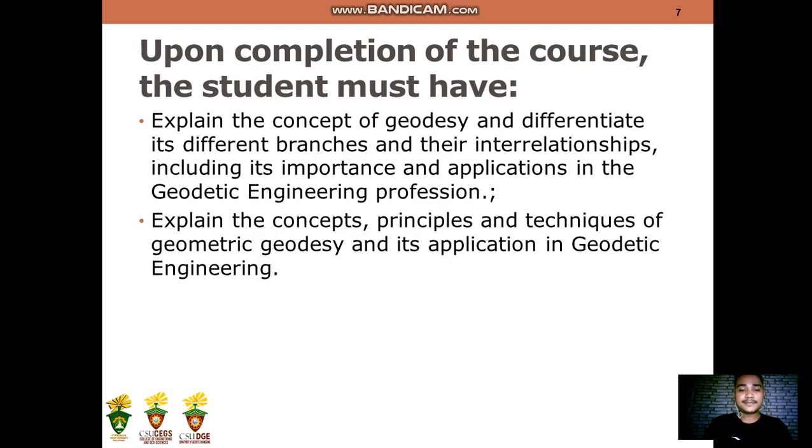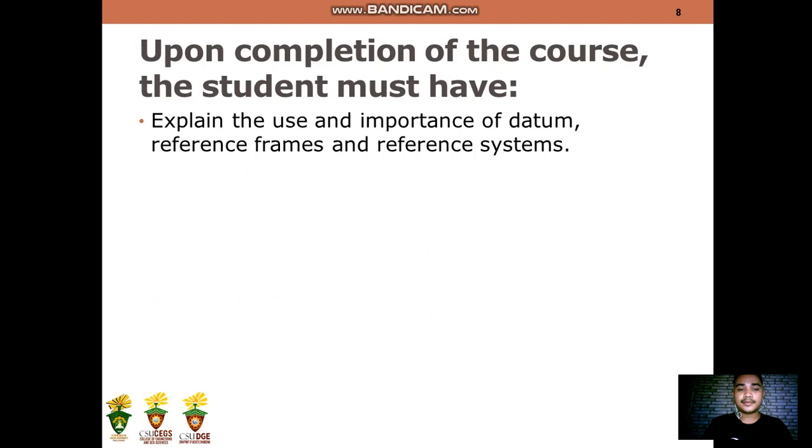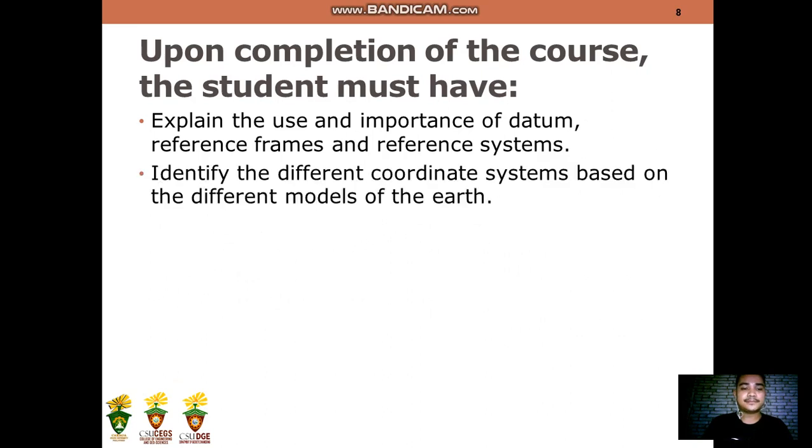Explain the concepts, principles, and techniques of geometric geodesy and its application in geodetic engineering. Explain the fundamental properties of a reference ellipsoid, its geometry and formulation. Explain the use and importance of datum, reference frames, and reference systems.